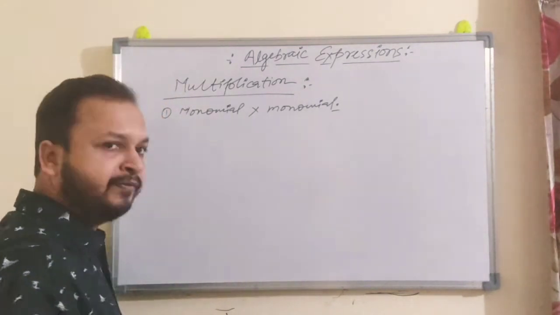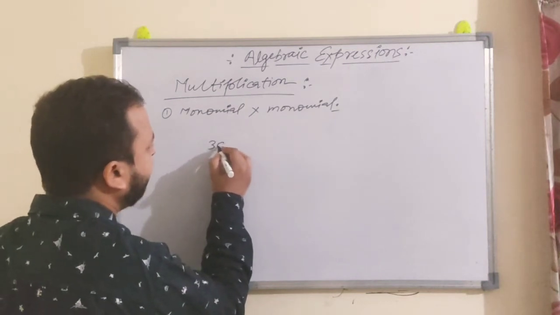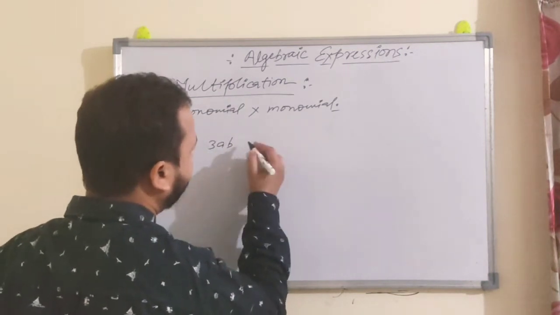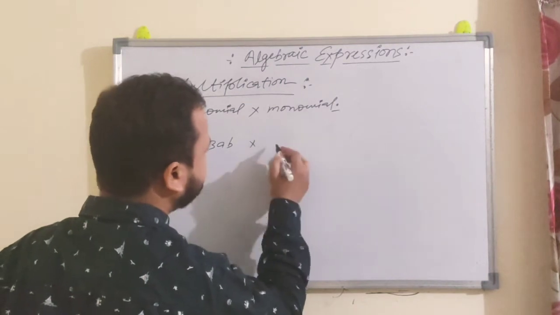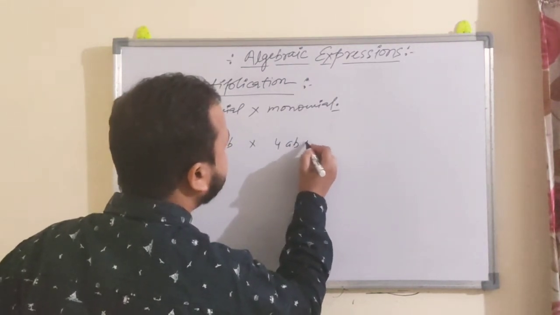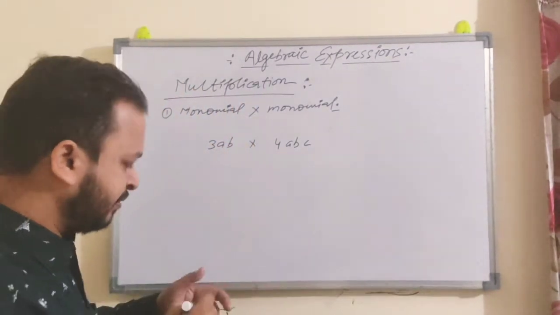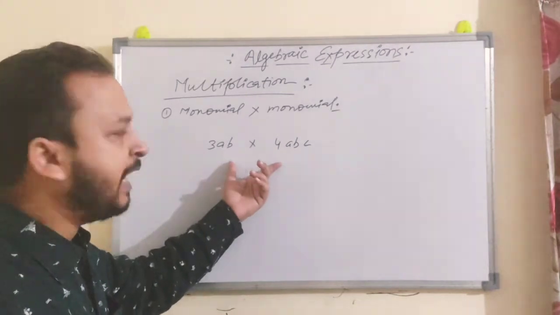So here if we have two monomials, suppose we have 3ab and we have to take the product or multiplication of 4abc. This is a monomial, this is another monomial, we have to take the product of that.